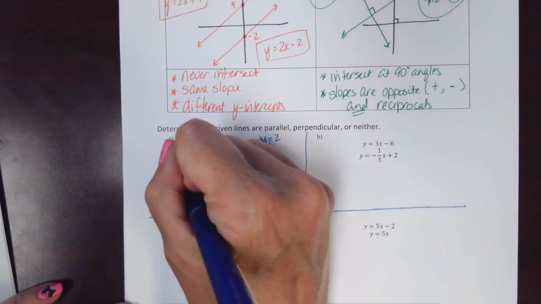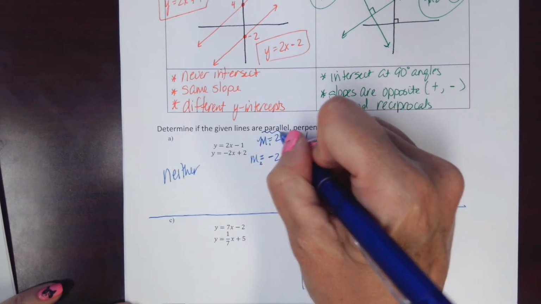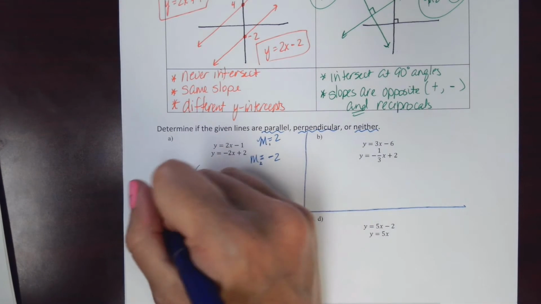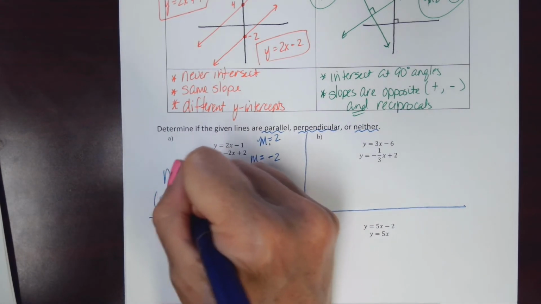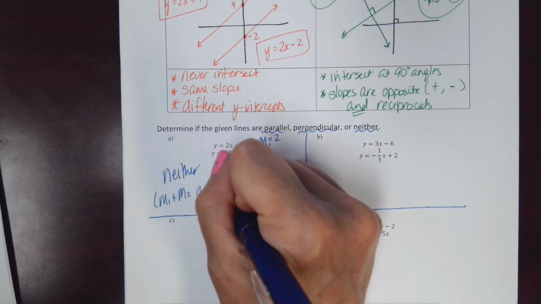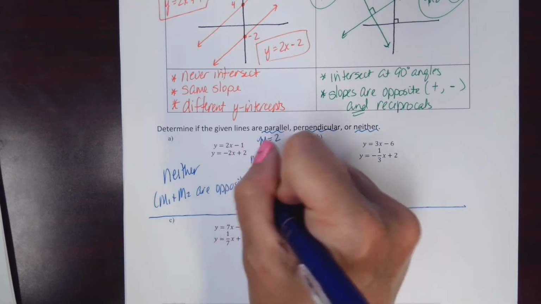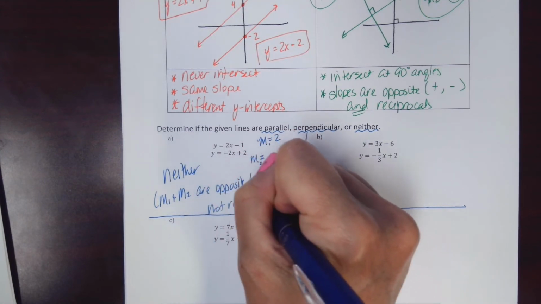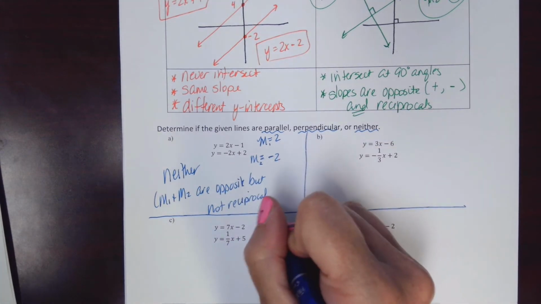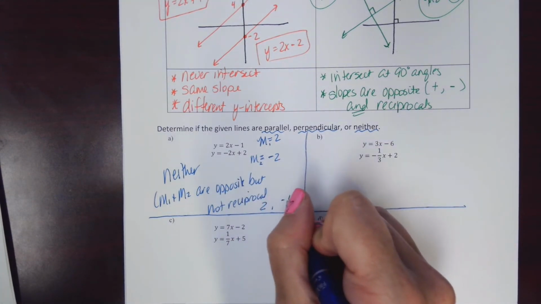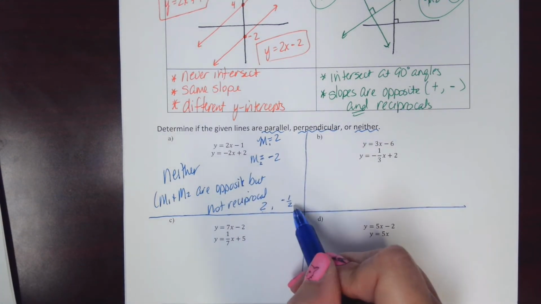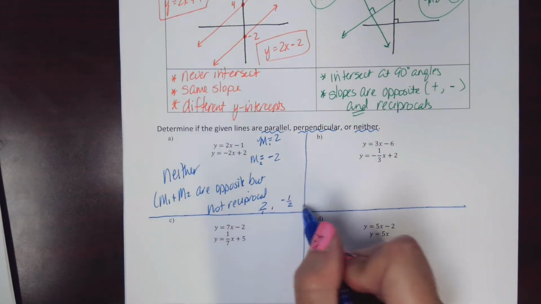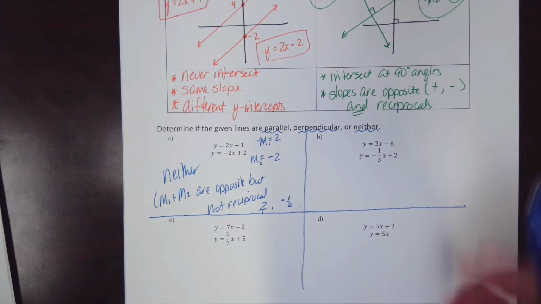So they are neither parallel nor perpendicular. Those slopes, m sub 1 and m sub 2, are opposite but not reciprocal. That would have to be a positive 2 and a negative 1/2. The reciprocal of 2, which is 2 over 1, would be 1 over 2. Okay.